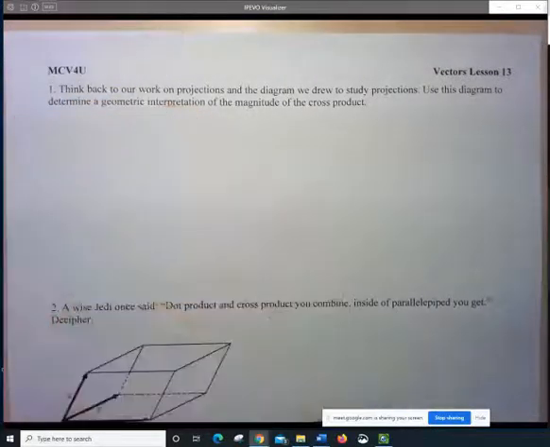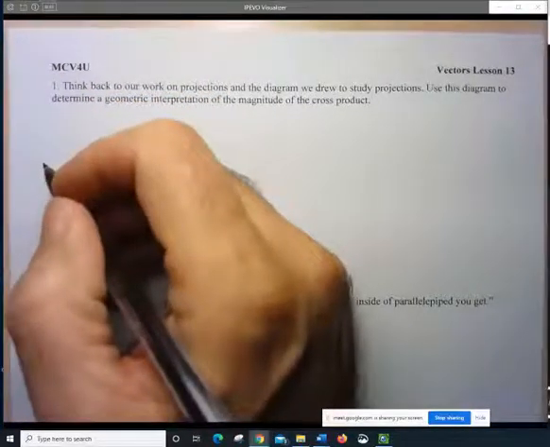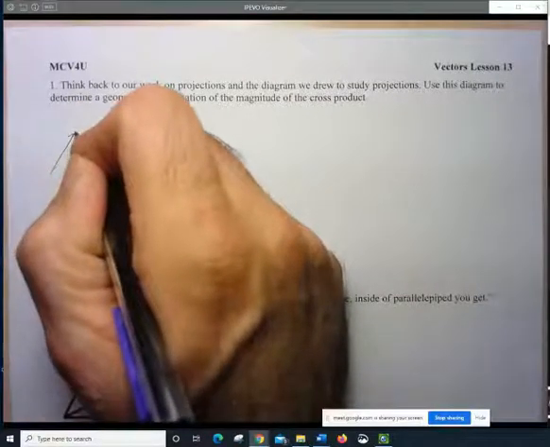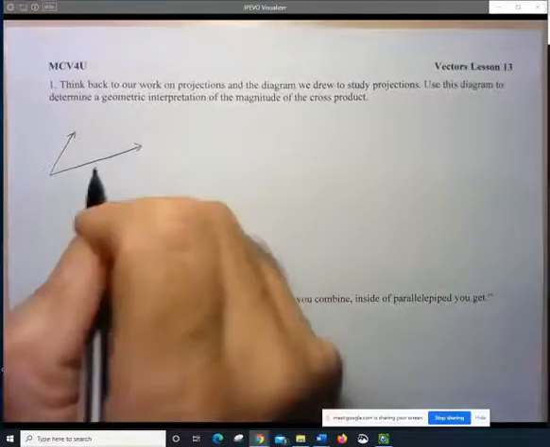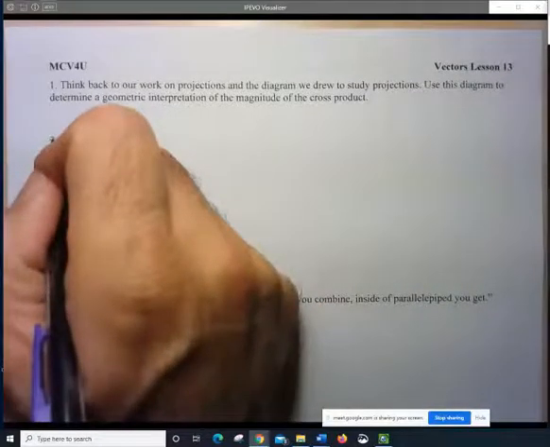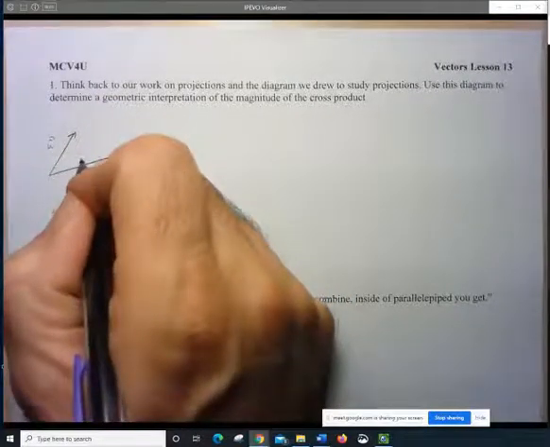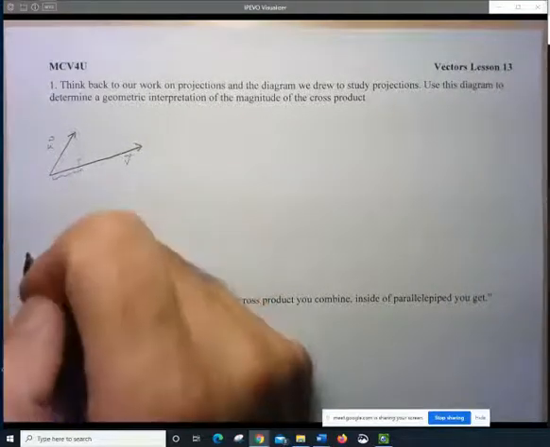If I draw an exemplar of what we did, just assume any two vectors. We had, say, vector u and vector v, and if we were projecting vector u onto vector v, we had this portion here.